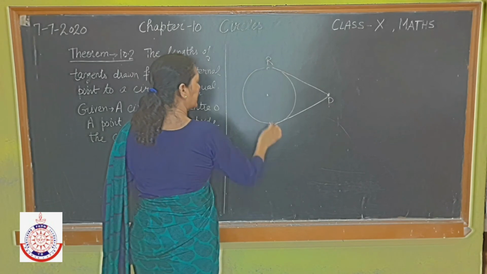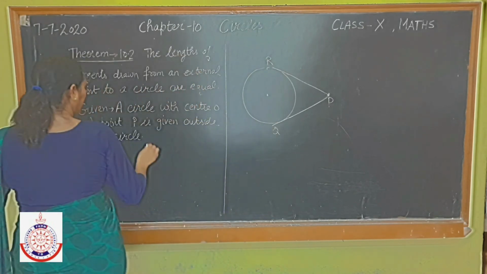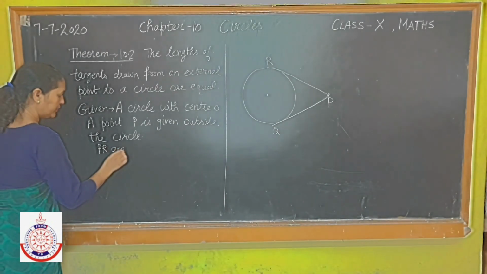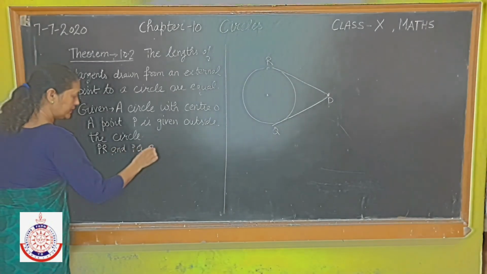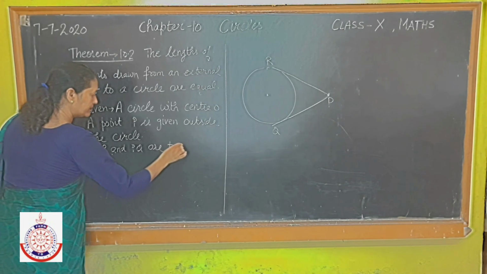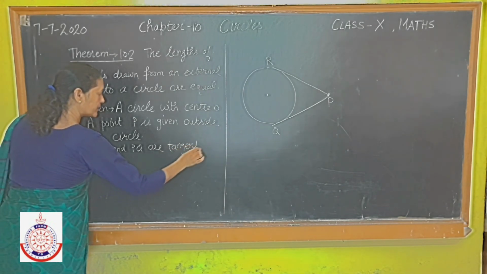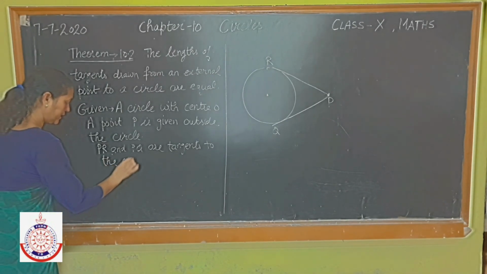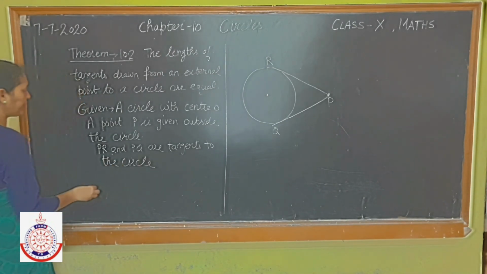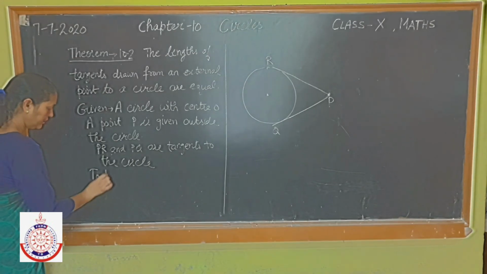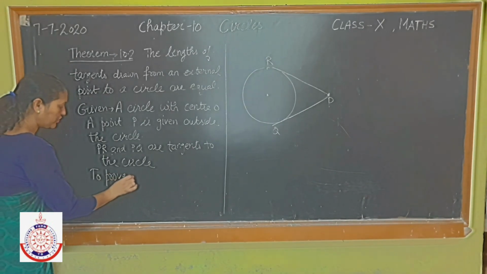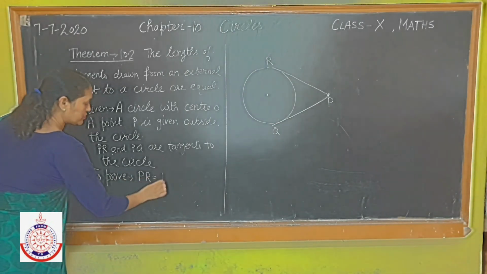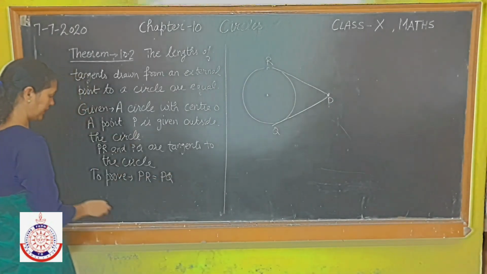Let us take R and Q. This is also given that PR and PQ are tangents to the circle. What do we have to prove? We have to prove that the lengths of the tangents are equal. That means we have to prove that PR equals PQ.